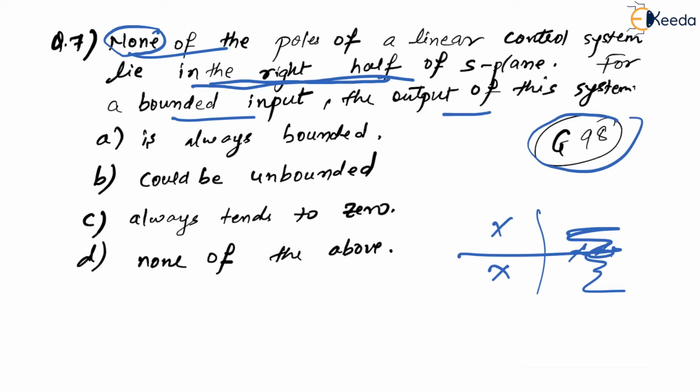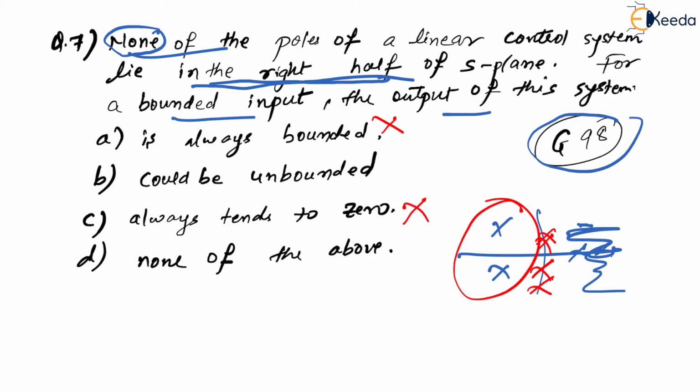But they have nowhere said that the poles are on the left half of S plane. They have said that poles are not on the right half, right? Which means poles can either be on the left half or the poles can also be on the imaginary axis. Getting my point?